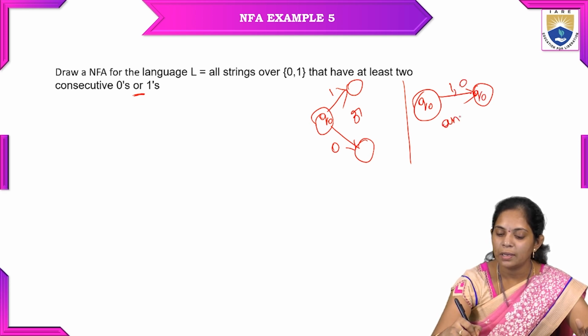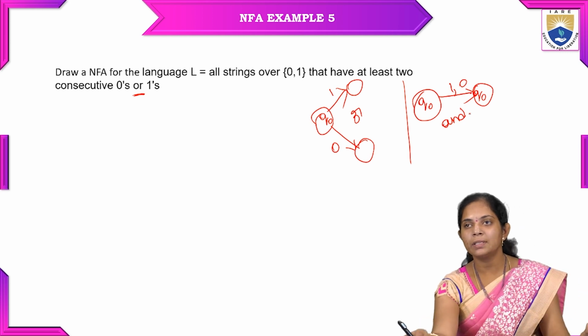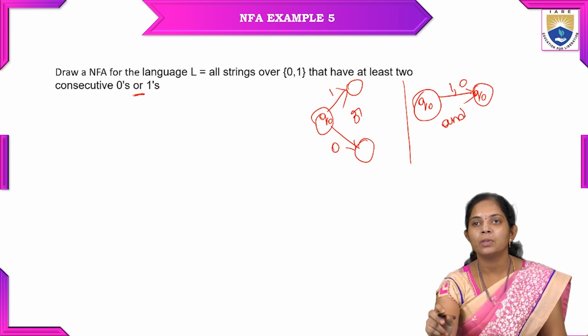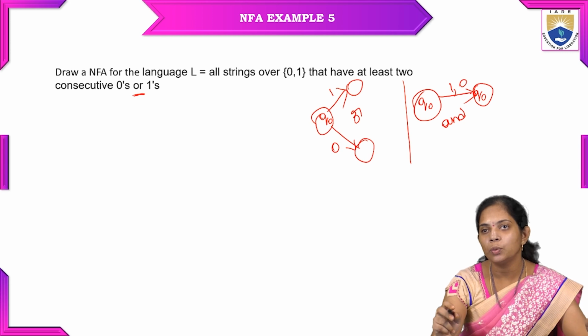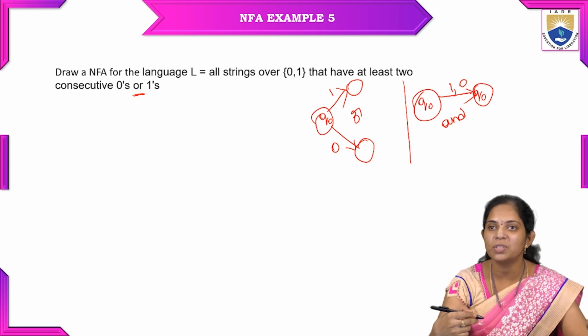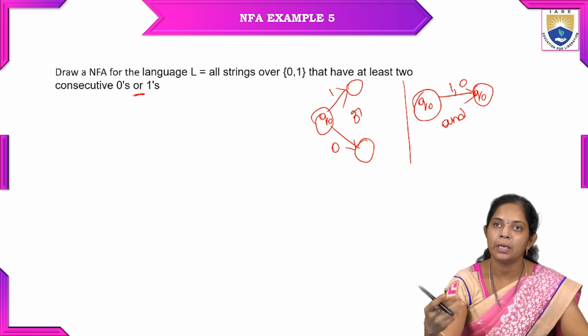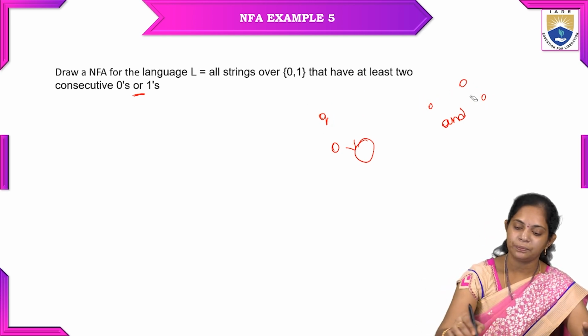So for the two input symbols, it reaches two states, and it continues reaching the next states.